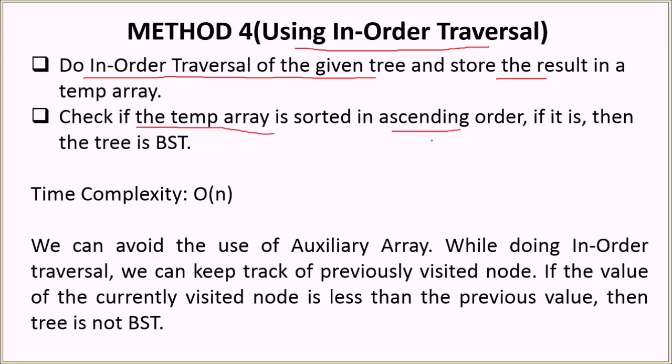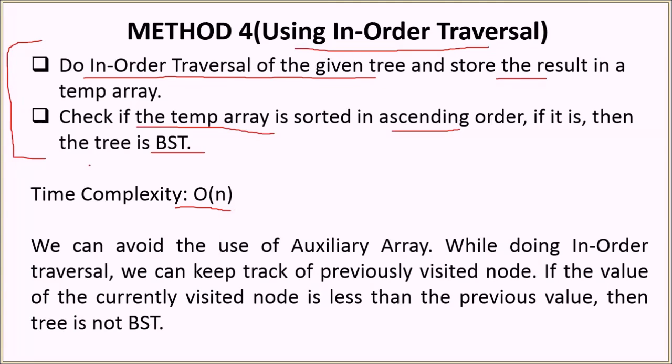By ascending order here, we mean that the array should be sorted from smallest element to the largest element. If it's sorted in ascending order, then it's a BST, otherwise it's not. So the time complexity will be order of n, but in this case, we will have to have an auxiliary array which will take the space of order of n.